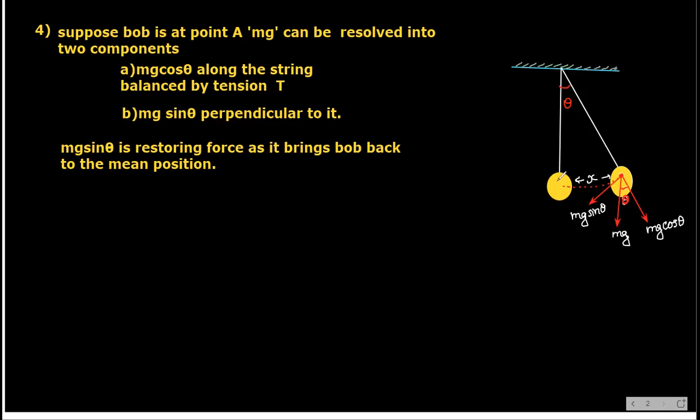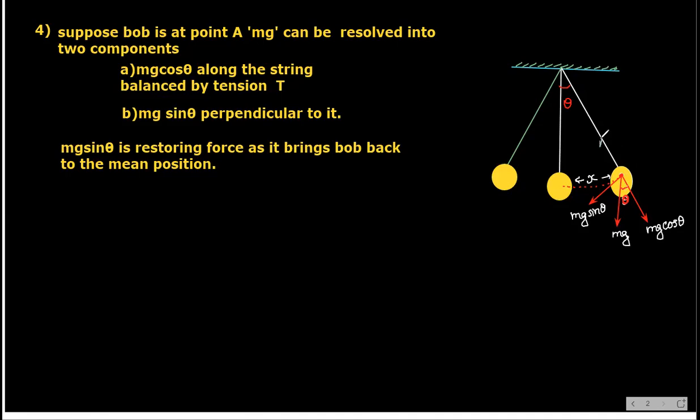Now this bob will oscillate about its mean position like this. It will come here also, this side also. It will oscillate like this about a mean position. So now see what are the components which are acting and how. So this mg we can resolve, mg cos theta along the string.